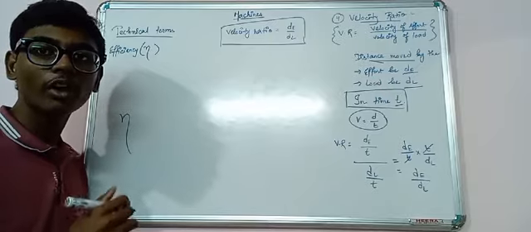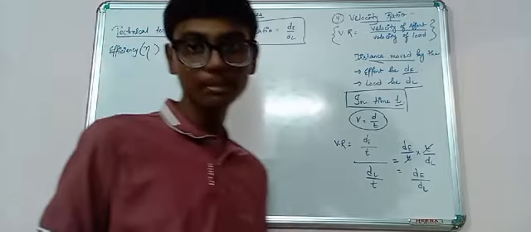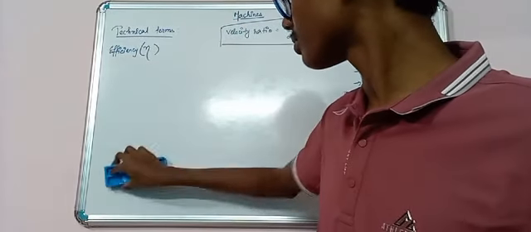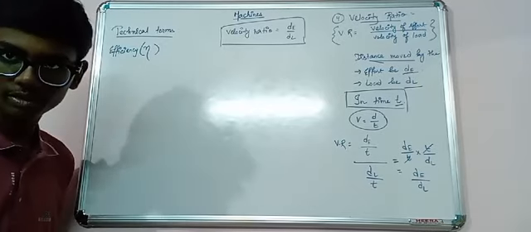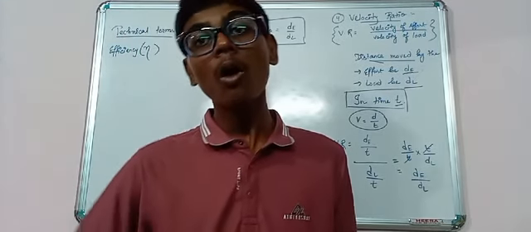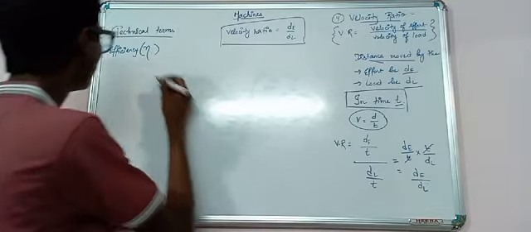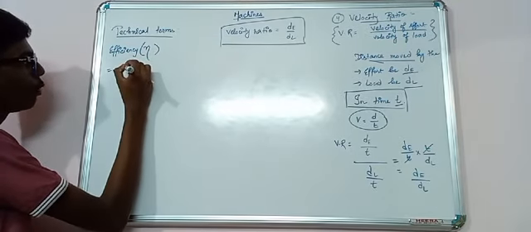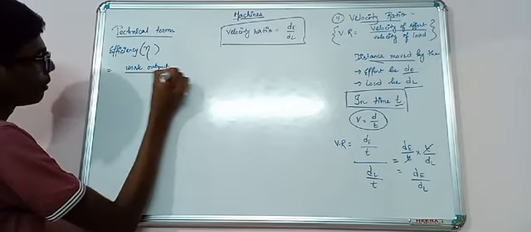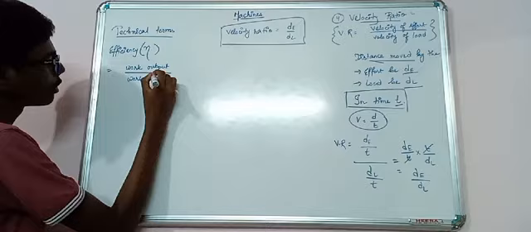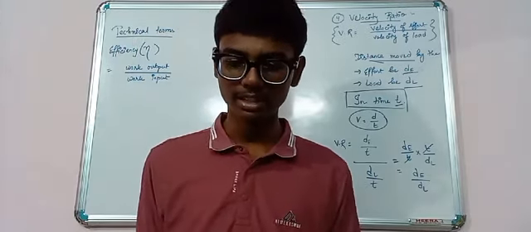Just like for delta, we write rho, for efficiency we will use this symbol, that is eta. So efficiency is equal to work output, that is work done on the load, by work done by the effort. So efficiency is equal to work output by work input. This is your efficiency.